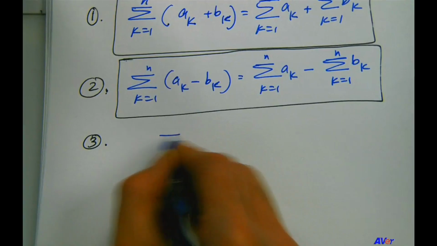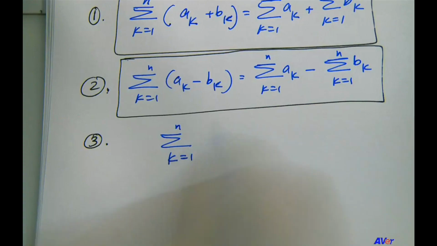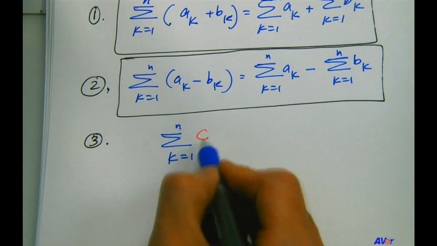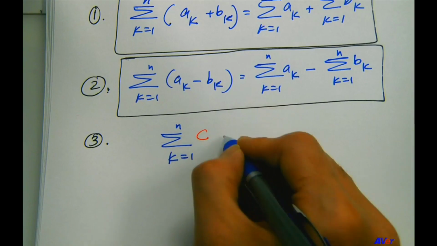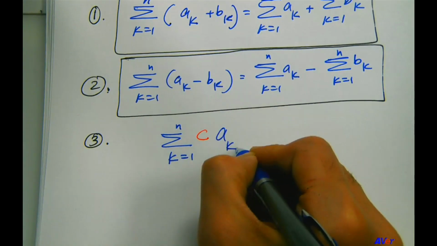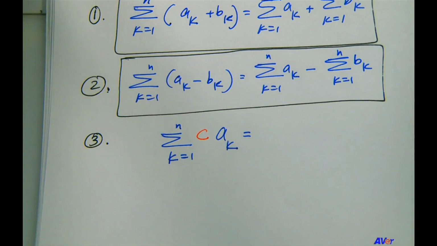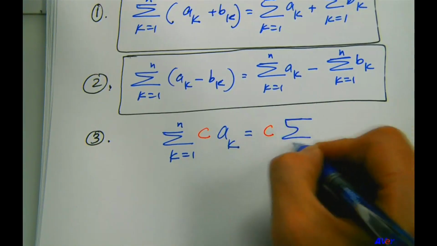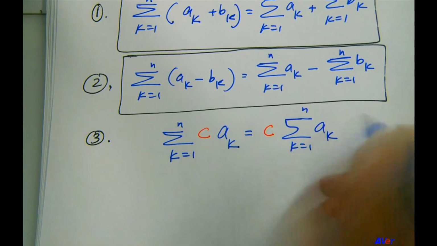It is sigma from this. And notice I'm going to write this in red so it catches your attention. c, that's a constant, some number, 5, -2, something, some constant, times a_k, that is equal to c can be put in front like that, times sigma k equals 1 to n of a_k.